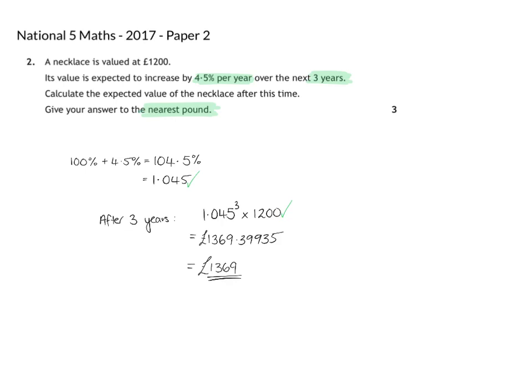And the final mark is for getting your answer to the nearest pound. Like I said though, make sure you put your unrounded answer first, just in case, as certain questions do require you to have the unrounded and rounded answers to get the marks.